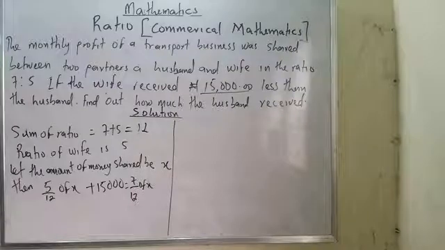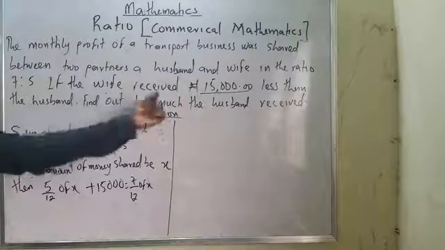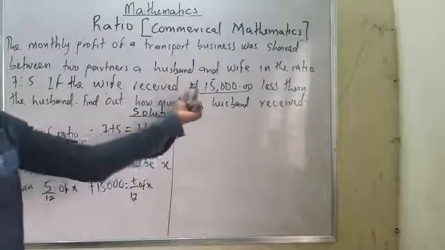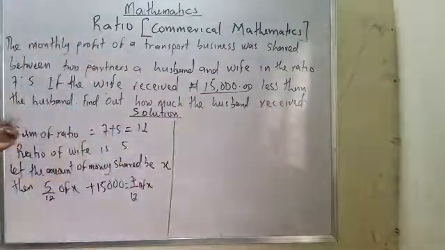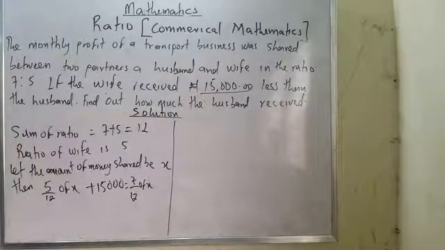Of x, yes, because they said that if the wife receives 15,000 less than the husband, now 15,000 less than the what? Husband. That is very, very important.